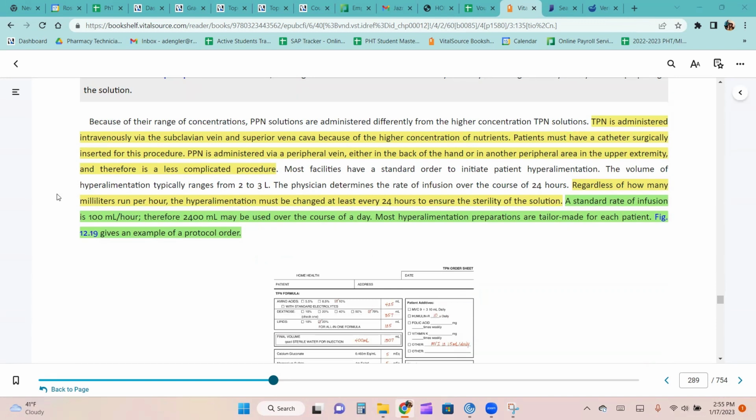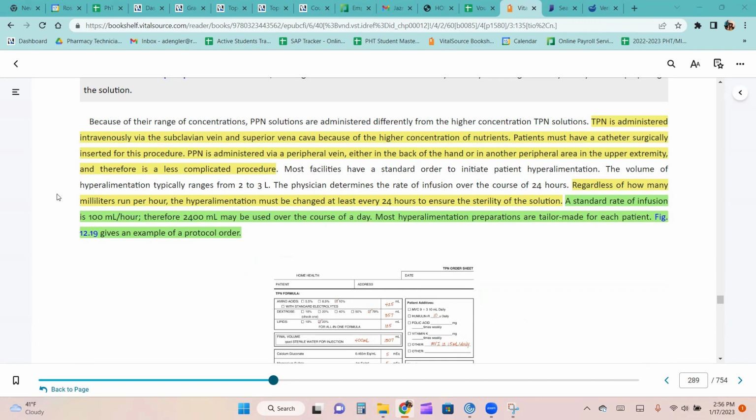PPN is administered via a peripheral vein, either in the back of the hand or in another peripheral area in the upper extremity, and therefore is a less complicated procedure. Regardless of how many milliliters run per hour, the hyperalimentation must be changed at least every 24 hours to ensure the sterility of the solution. A standard rate of infusion is 100 milliliters per hour. Therefore, 2400 ml may be used over the course of one day.